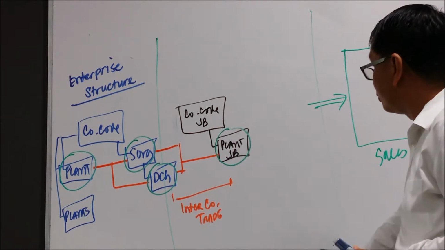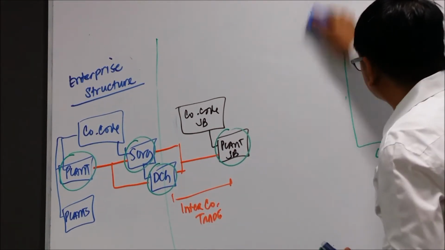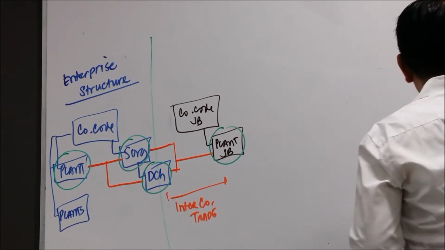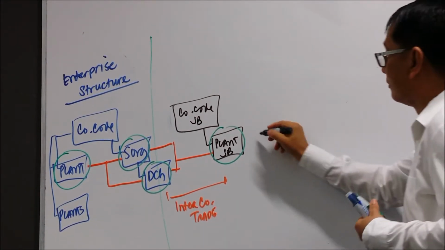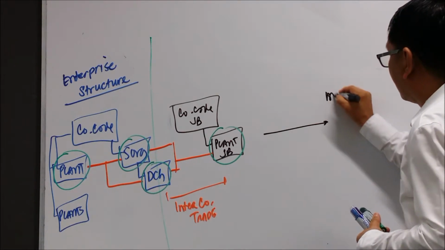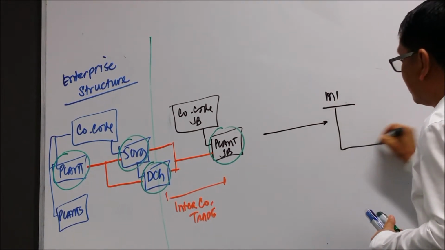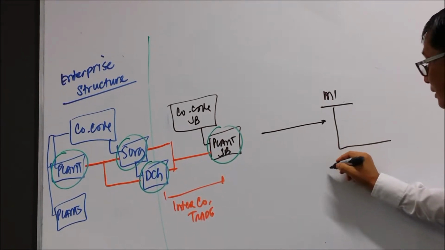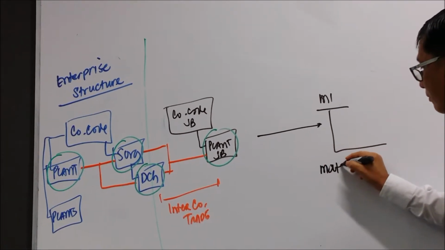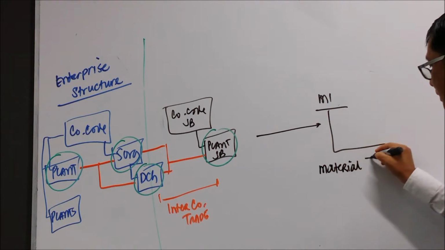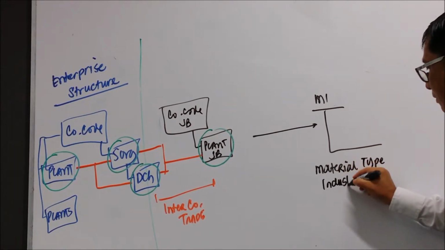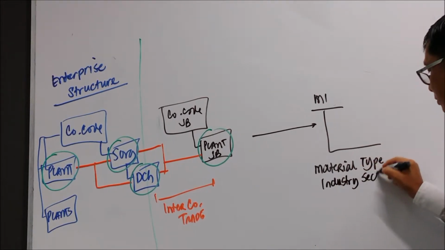Brings you to your material master. Let me move this screen. Your material master, when you create it, it is mandatory that you identify the material type and industry sector.